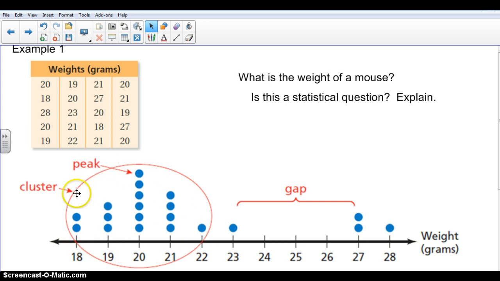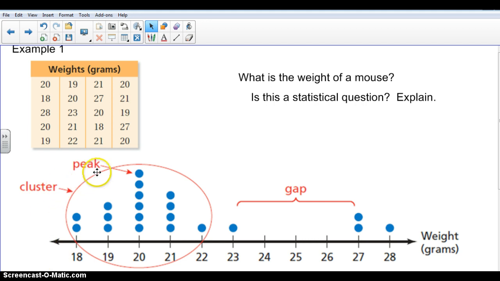So this is where your cluster is. This is most of your answers right in here. Obviously your peak is the one that has the most answers. And then here you have a gap. 3 people thought that the weight of a mouse was either 27 or 28 grams. Everybody else clustered right here.